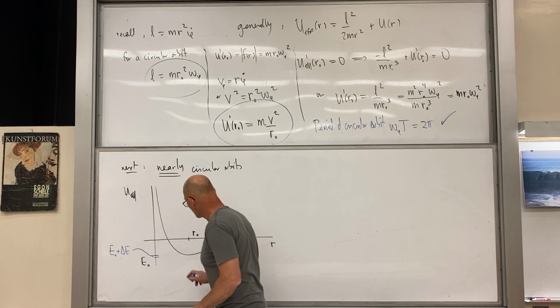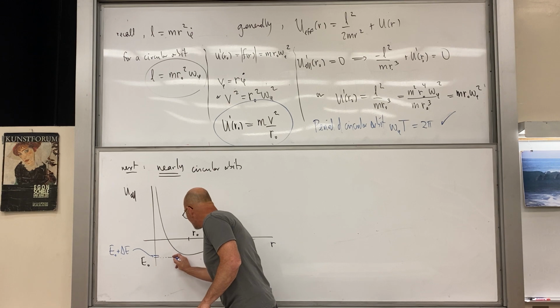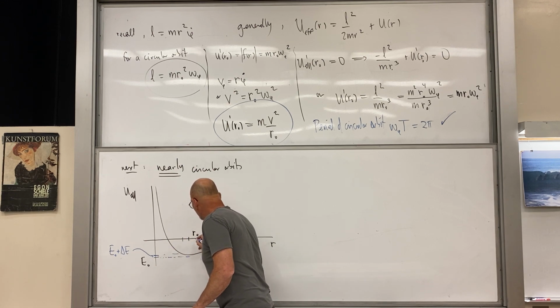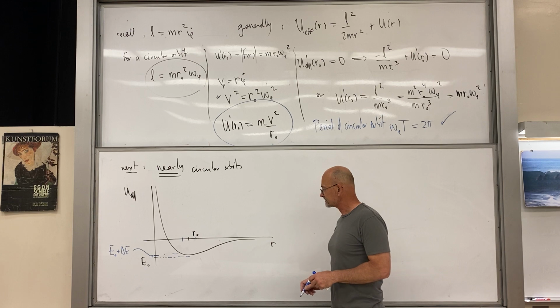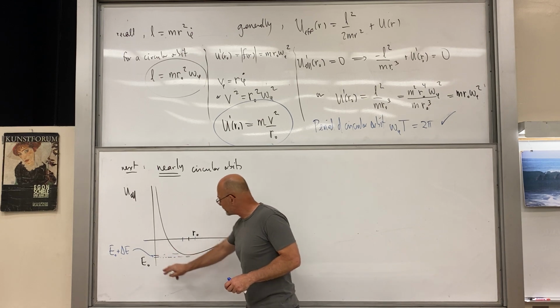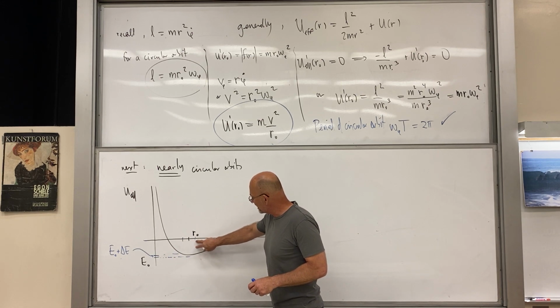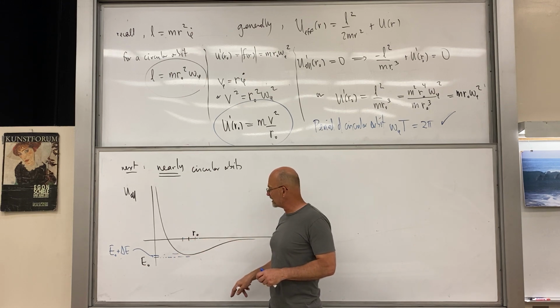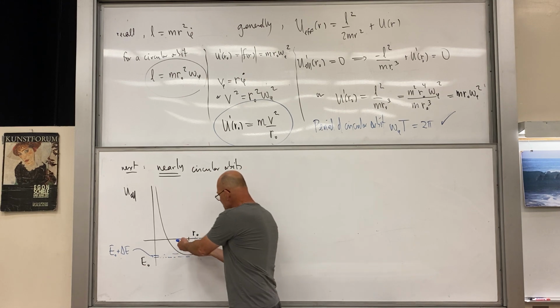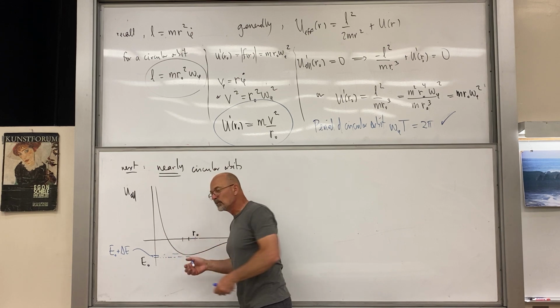Corresponding to this slightly larger energy is a delta R that goes along with it. And if the change in energy is small enough, the change in radius is symmetric about the circular orbit. Because at that point, you're approximating this local minimum with a parabola.